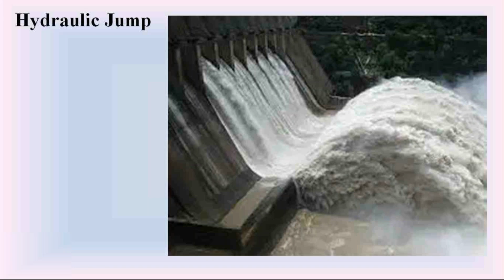Similarly, Almatti Dam, 120 TMC. Narayanapur Dam, 60 TMC. Churala Dam, 20 TMC. Like that, each dam has a storage capacity. The amount of water stored in the dam is called the storage capacity.